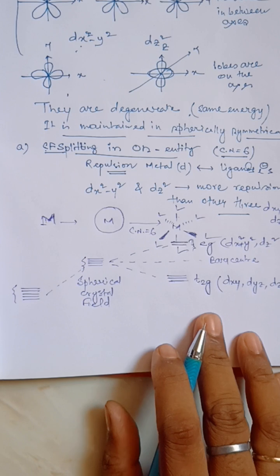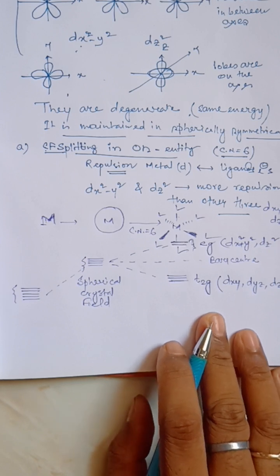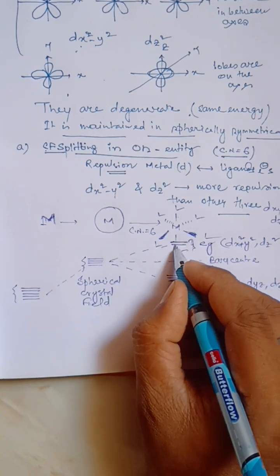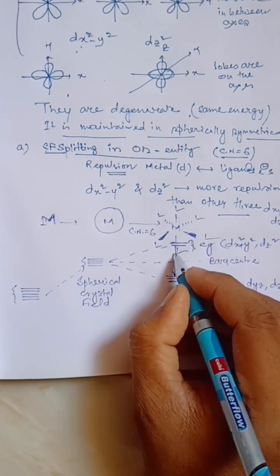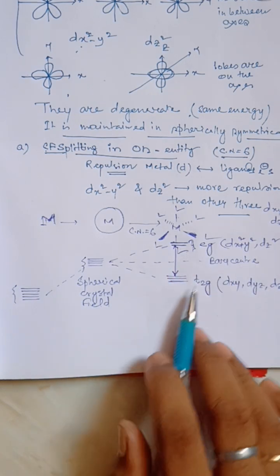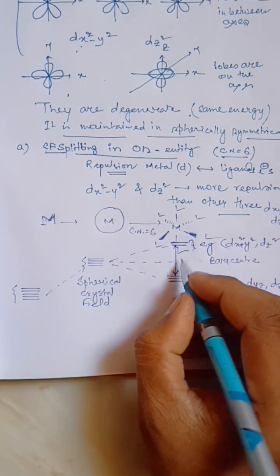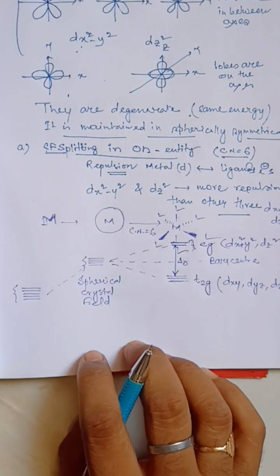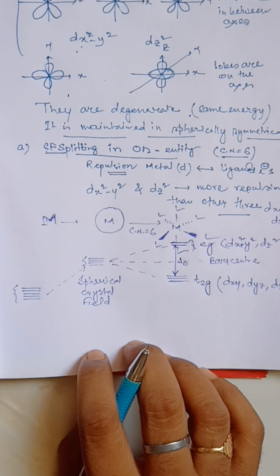Okay, this splitting occurs according to the barycenter. Now the total energy difference between the 2 different degenerate orbitals is del O, where O means octahedral crystal field stabilization energy.